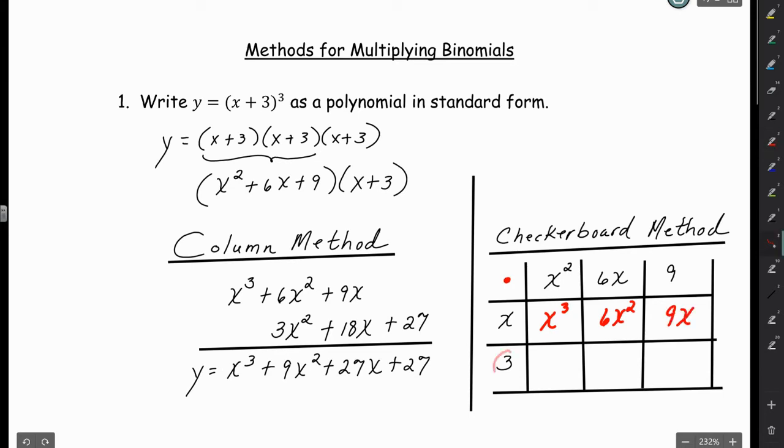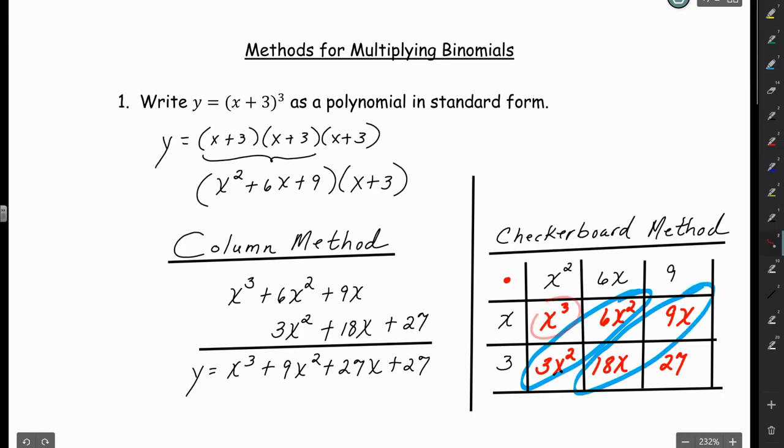Then we're going to multiply 3 by every term across the top. 3 times x squared is 3x squared. 3 times 6x is 18x. 3 times 9 is 27. And what you'll see whenever we do this checkerboard method is that diagonally we're going to have like terms.